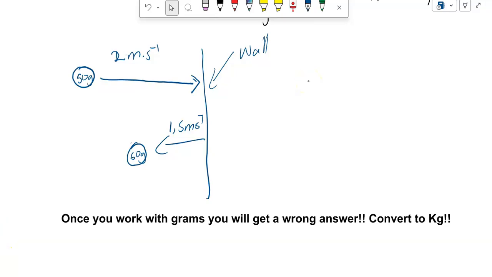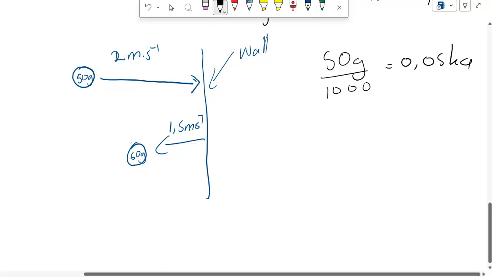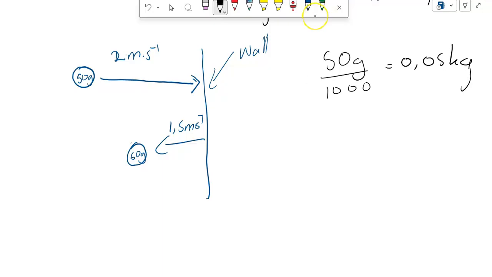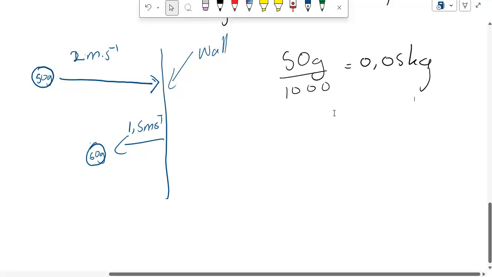So in order for me to convert 50 grams into kilograms, we need to divide by 1000. This is my mass conversion, 50 grams. If we divide by 1000, this is equal to 0.05 kg. Now I have everything, so I am able to calculate the change in momentum.